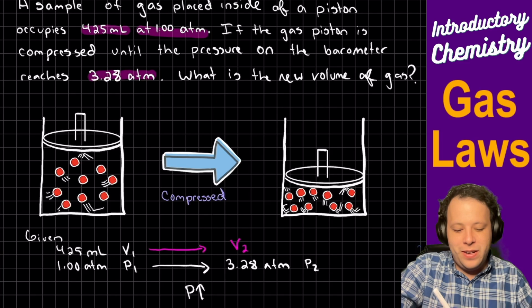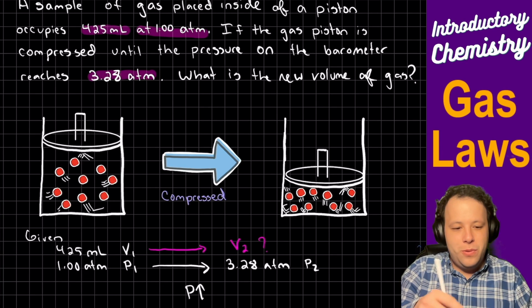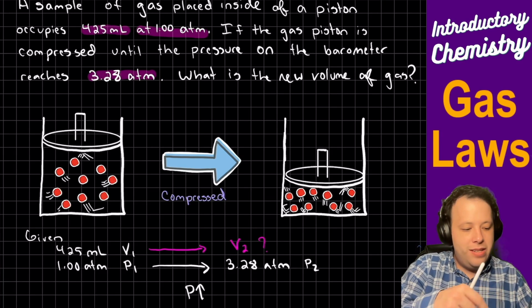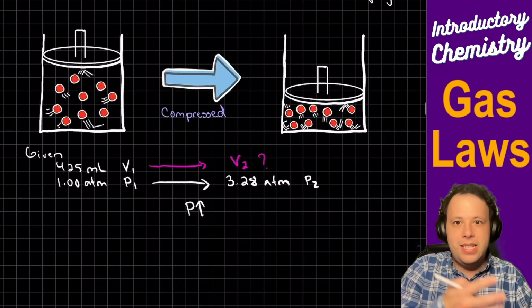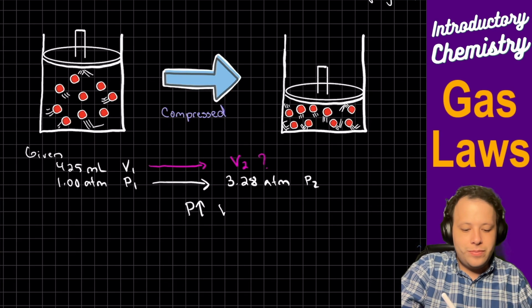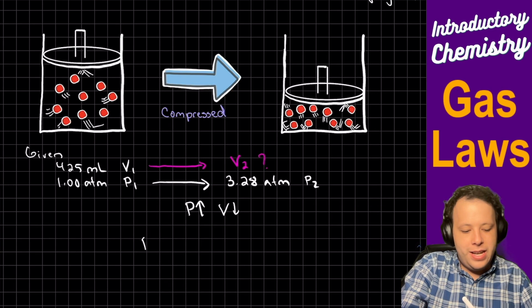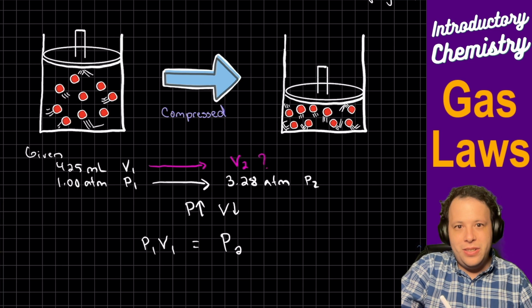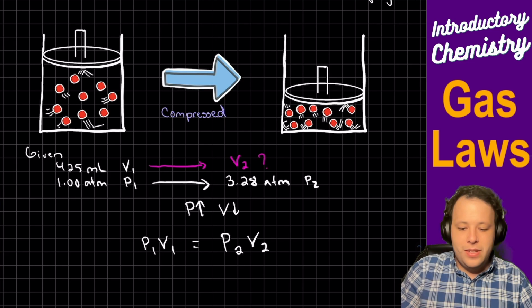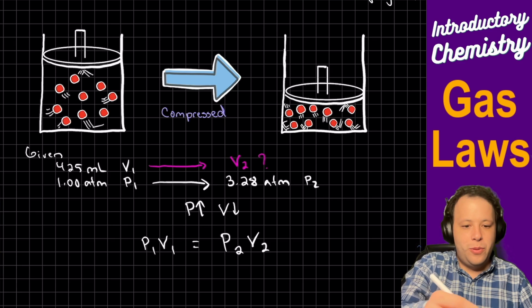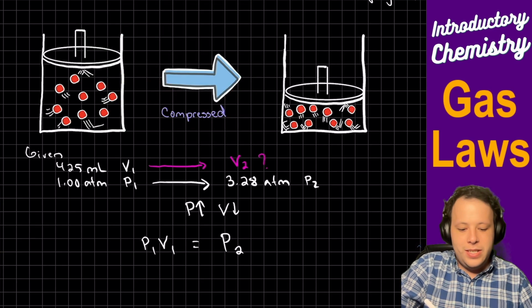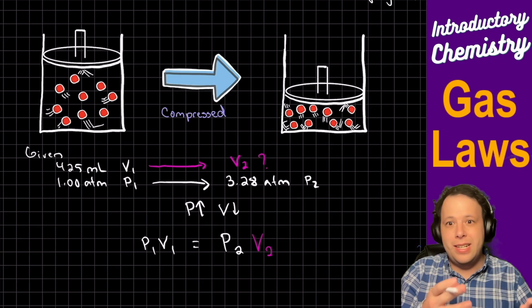So we're trying to figure out V2. What we're going to be doing initially is setting up our formula, meaning that I have P1 V1 is equal to P2 V2. So we are trying to solve for V2 here. V2 is our unknown variable. The whole idea here is we need to get it by itself.